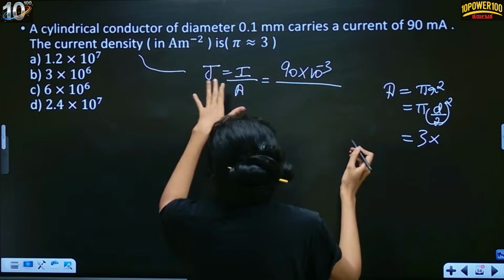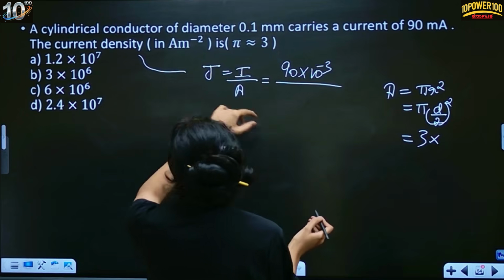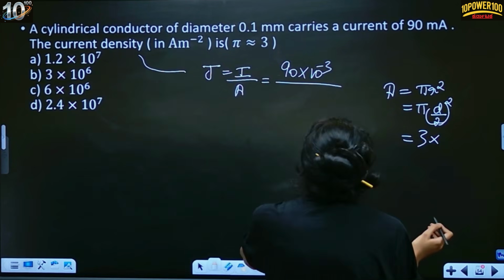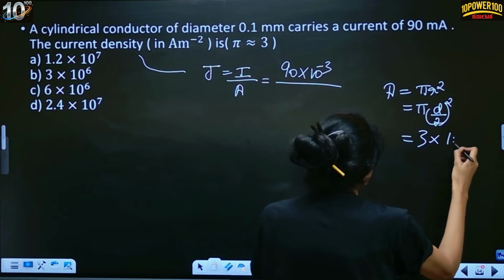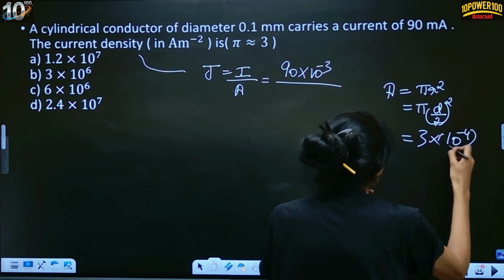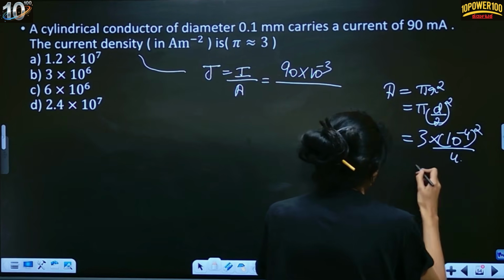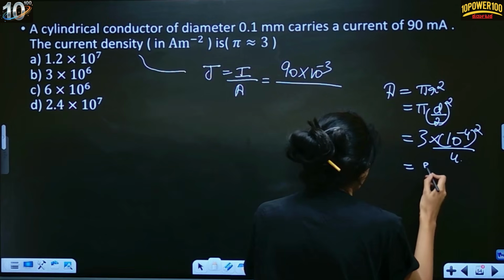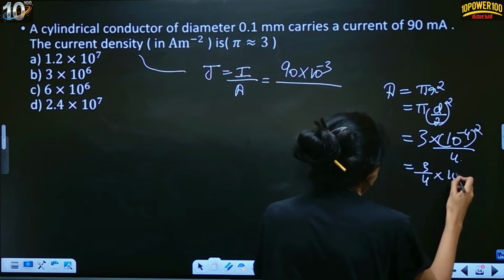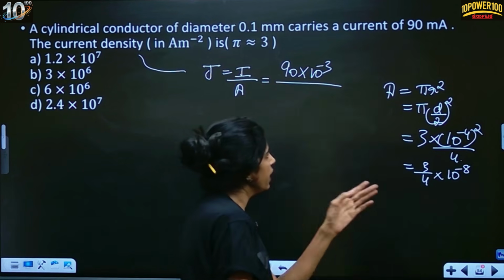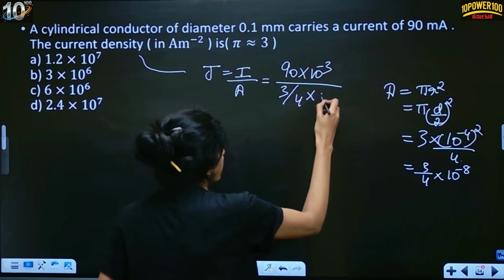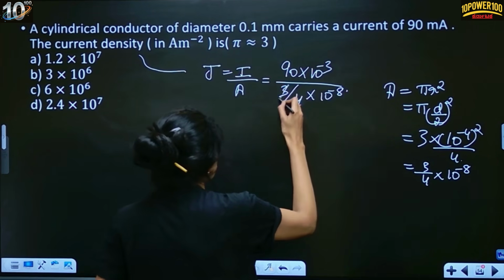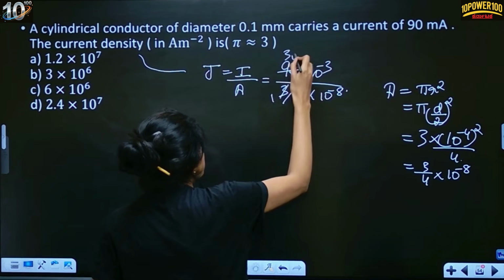The diameter is given as 0.1 milli, which is 10 power minus 4. So 10 power minus 4 square divided by 2 square, which is 4. You will get 3 divided by 4 into 10 power minus 8. Substitute this now over here: 3 divided by 4 into 10 power minus 8. So 3 ones are 3, 3, 3, 9, 0.